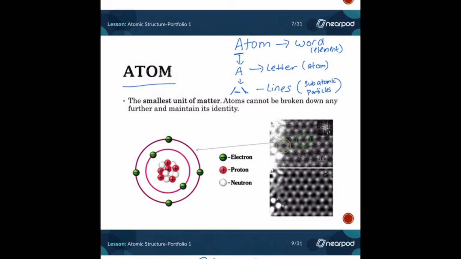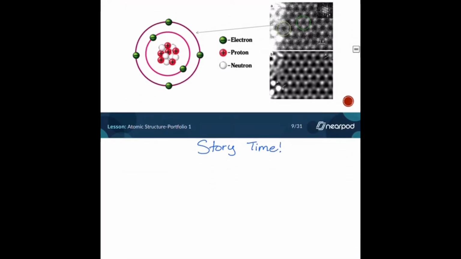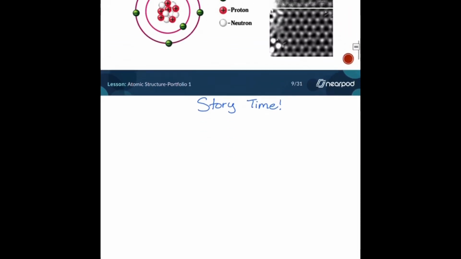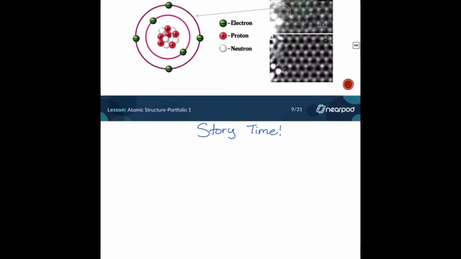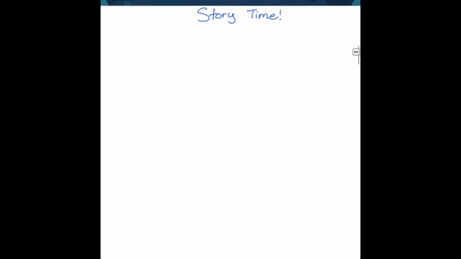So the best way that I can explain this to you is in a house, right? So let's talk about what this atom is and how we can best explain this to ourselves. Think of a house, right? Sorry, I'm not an artist.